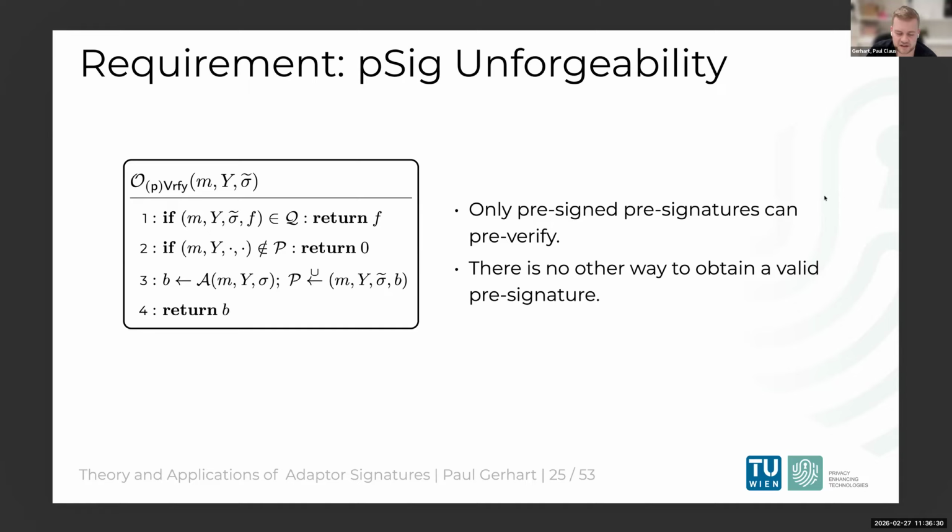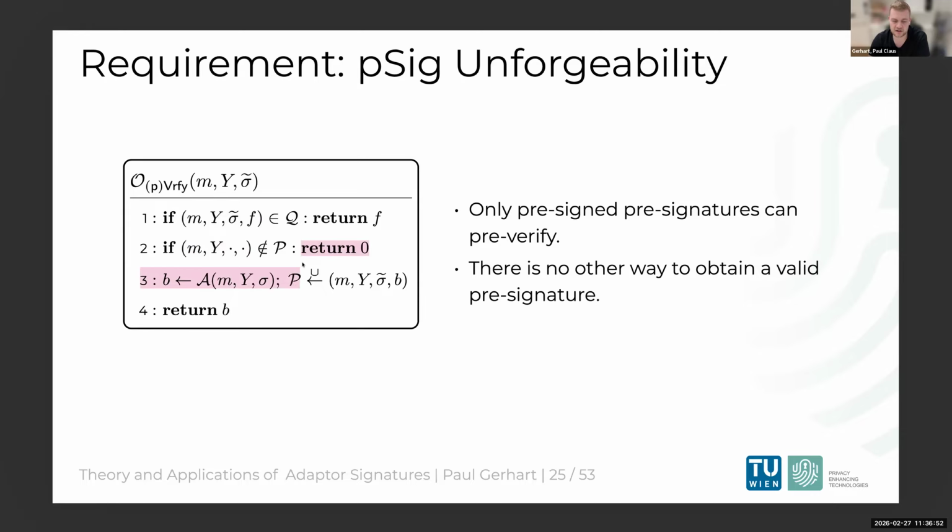What do I mean by pre-signature unforgeability? Well, you see in here, if the message was pre-signed, like it was decided on the pre-signature before, we return consistent values. However, if the message was never pre-signed before, we return 0. So no pre-signature can be valid when it was not pre-signed before.